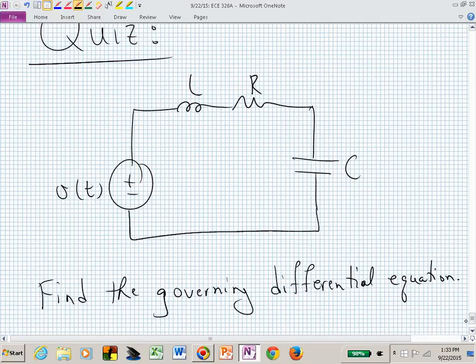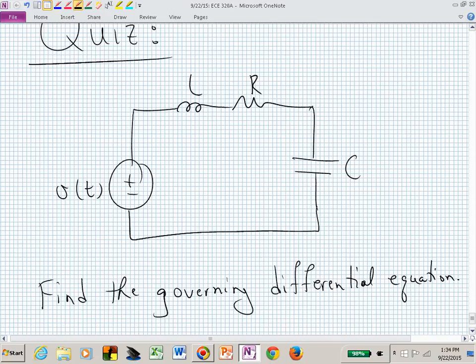Now, I've already given you quite a bit relative to this quiz. But I might want you, after your exam on Thursday, to think about how you would approach this problem. What do you have in that particular circuit? What kind of elements? What does a resistor do?